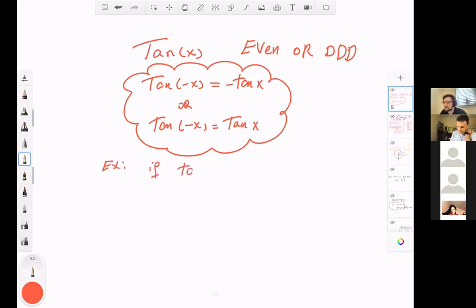If tangent of x equals 5/8, then tangent of negative x equals what?